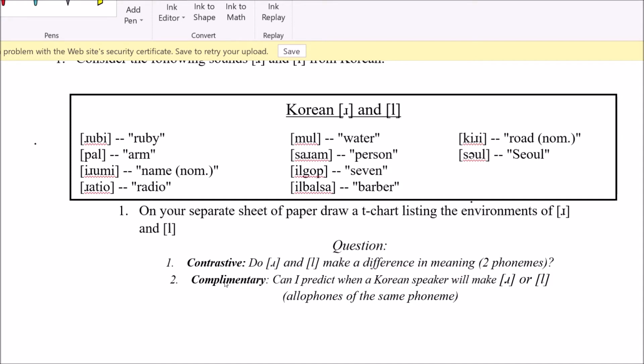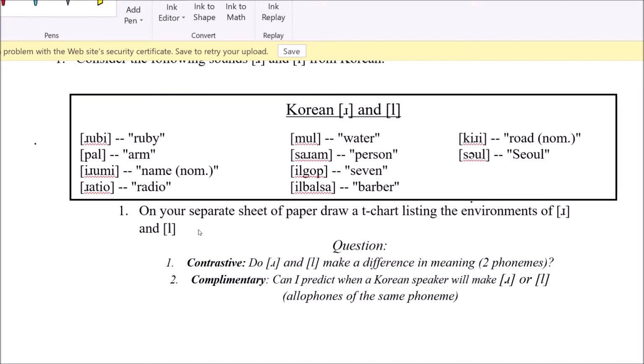So to find that out, first thing we need to do is collect data. Here, in this case, it is given for us. We have these words here, and we will take a look at them. Now, the first step is on your separate sheet of paper, draw a T-chart listing the environment of each sound.